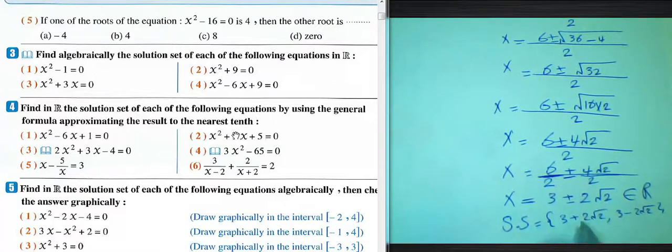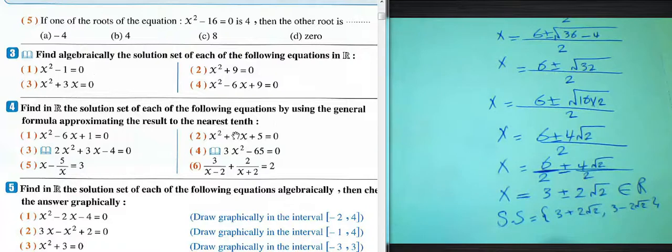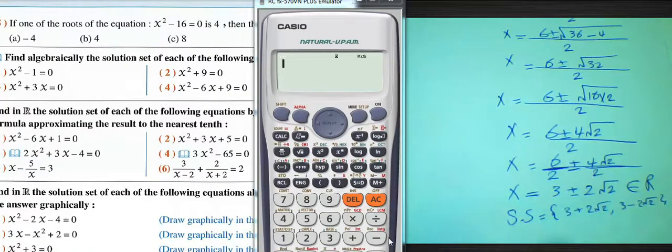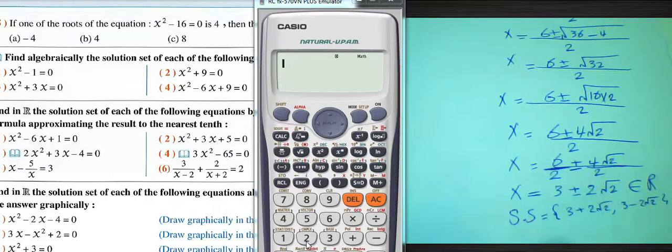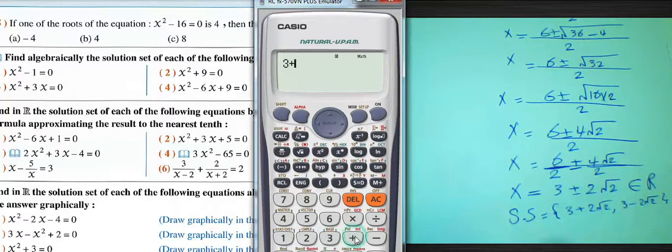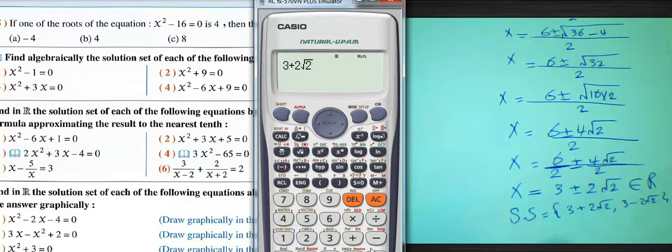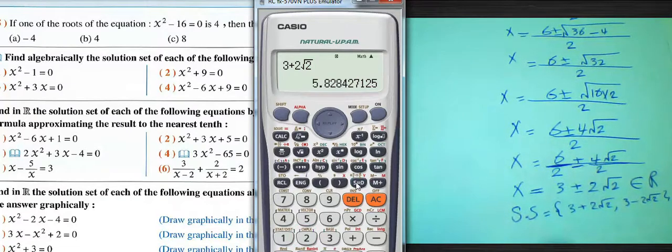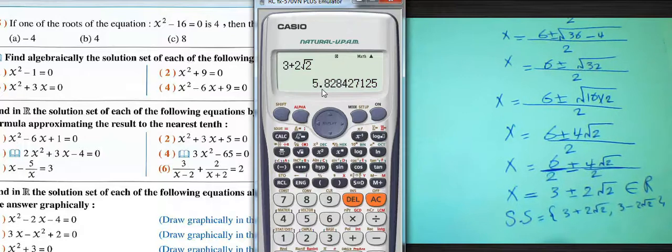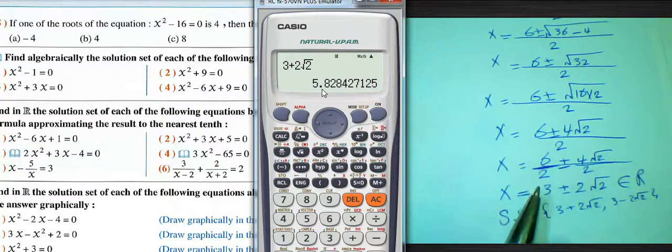You can use a calculator to find the result. Look at it with me. We write in the calculator 3 plus 2 root of 2, equals, and the result will be this number. It gives 8 digits after the point, so the result will be 5.8, because he wanted to approximate the number to the nearest tenth.